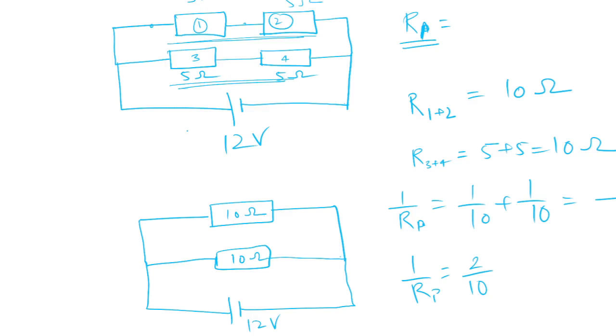You think this is the answer, and sometimes you will take this value in a hurry and put it in the solution, and here you make the mistake. Just one more step, take the reciprocal so that you get Rp is equal to 10 by 2, and Rp is equal to actually 5 ohm, right?